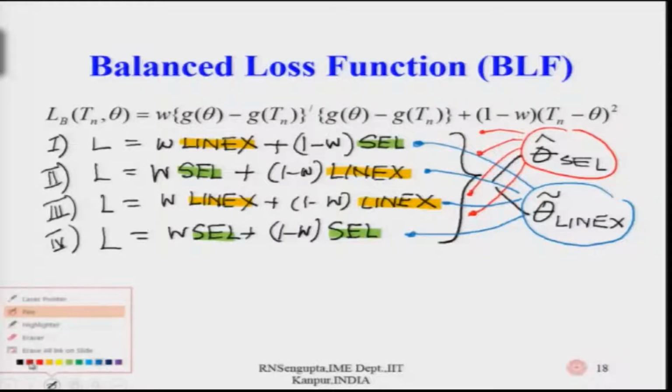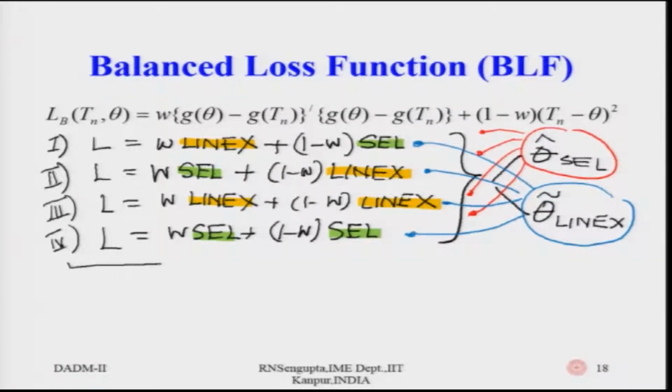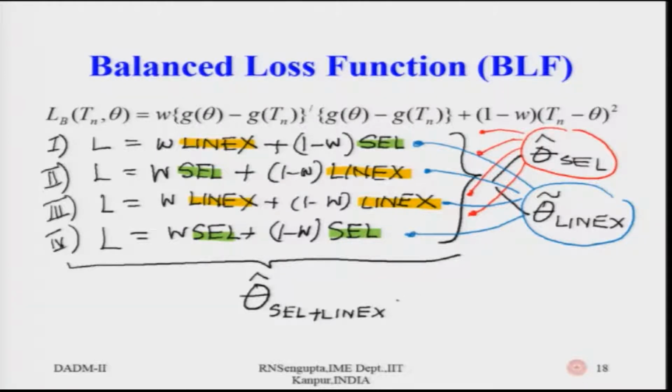Point number 2, what we will be interested in is whether it is possible to find a general estimate for all these 4 cases, a general form of theta hat, which is a combination of SEL plus Linex depending on the value of W, and at the boundary conditions, when W is 0 and W is 1, for all these cases we get.